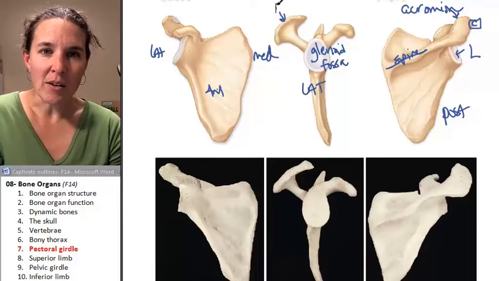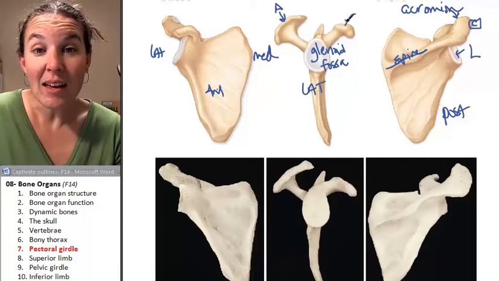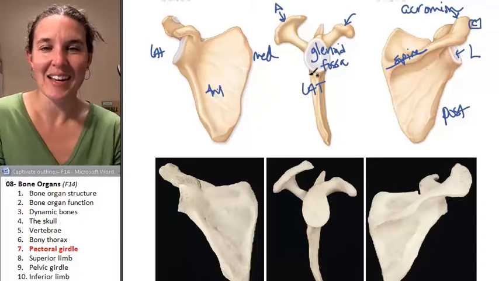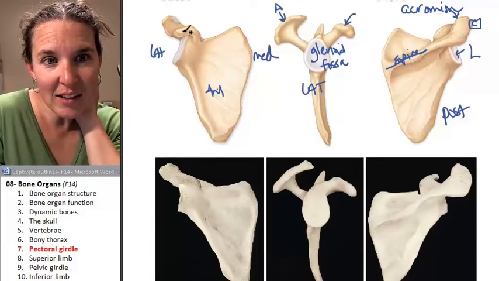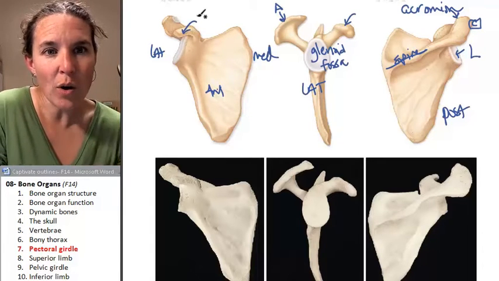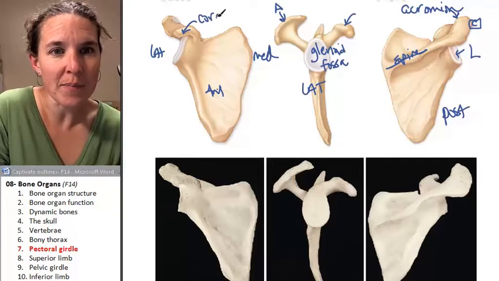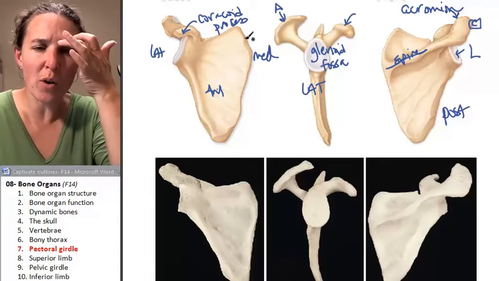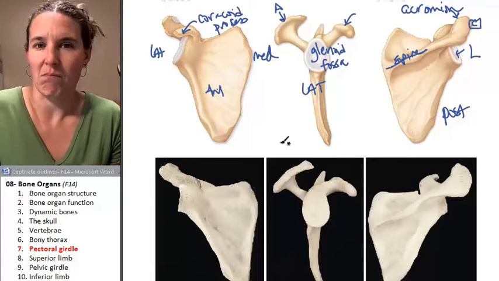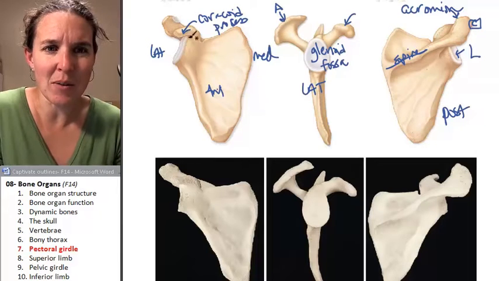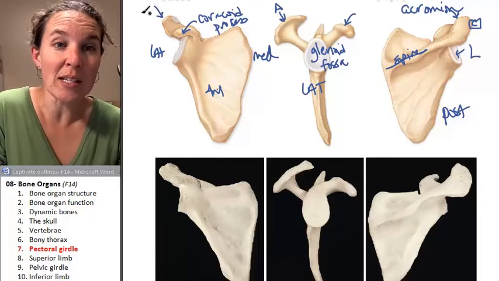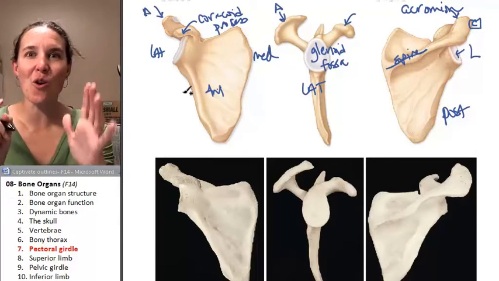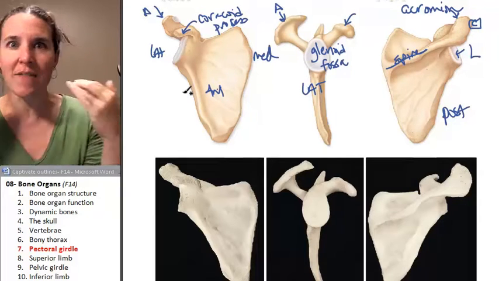You also have, okay, so here's the acromion. I'm just going to make a note, A. Guess who that guy is? That's a different one. That's a little coracoid process. The word coracoid means crow's beak. Kind of looks like a little crow's beak right there. The acromion is big, and the acromion is the termination of the spine.